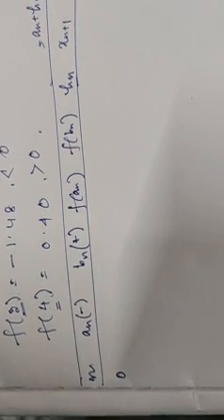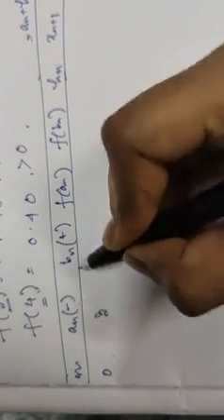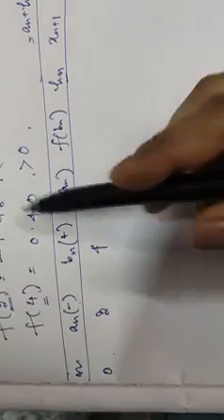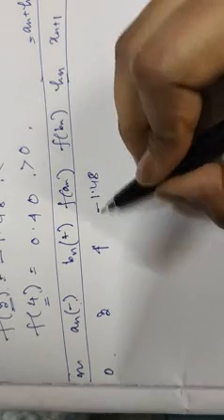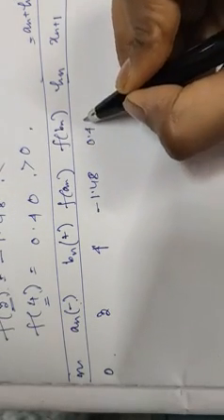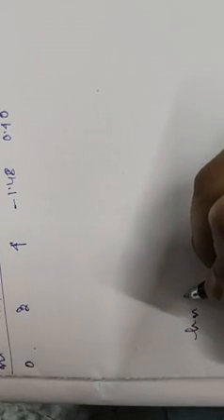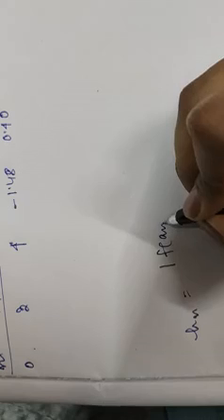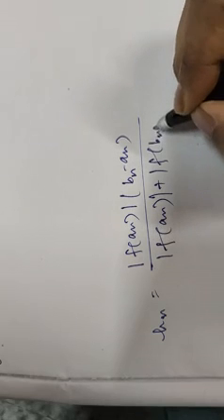Starting the computation, n equals 0, the initial value a0 is 3 and b0 is 4, then f(3) is minus 1.48, f(4) is 0.40. Then compute hn. The rule for hn is: hn equals modulus of f(an) into (bn minus an), divided by mod f(an) plus mod f(bn).